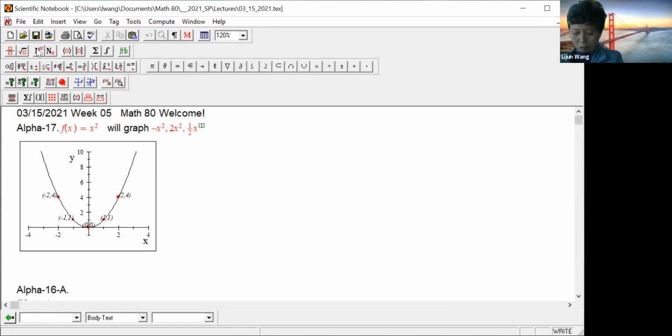Have you guys done this before? Maybe not, right? Some of you have not done that. And then we're going to be doing x squared plus 1, x squared minus 1, right?